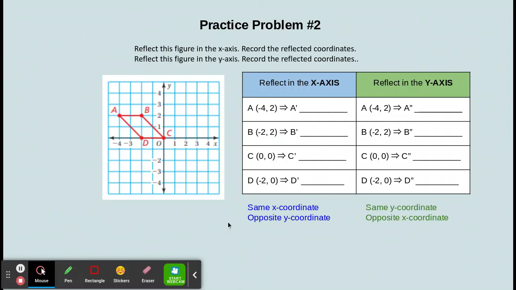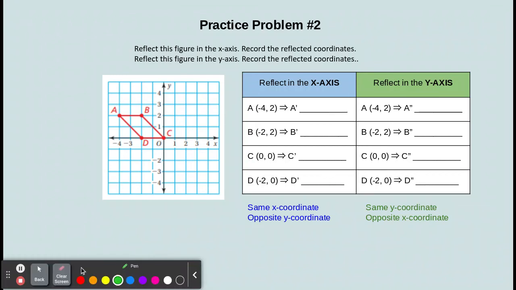Okay, and number 2, we're going to reflect the figure in the x-axis and we're going to reflect it in the y-axis. So first in the x-axis, and then we'll do a new problem of reflecting it in the y-axis. So I will do it for the x-axis really quick.